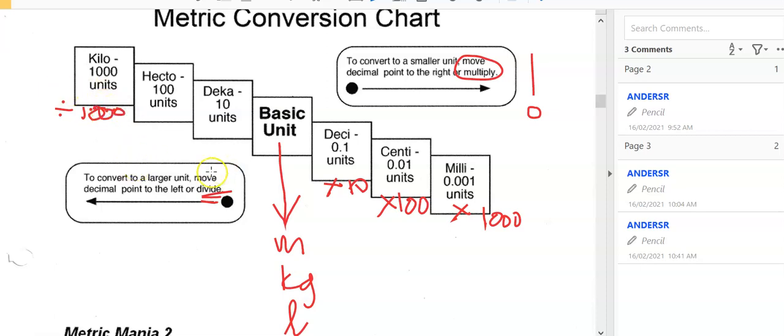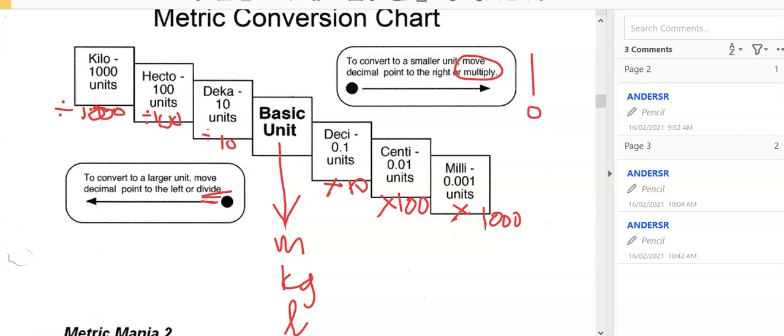And if we must convert from meters to hectometers, that means from a small unit to a big unit, we must divide by 100. And here we must divide by, yes, you got it, by 10.